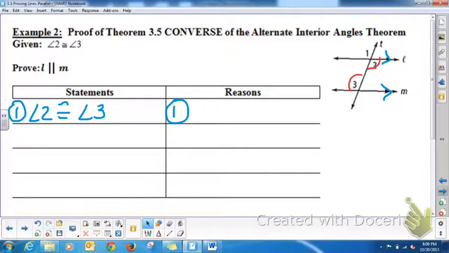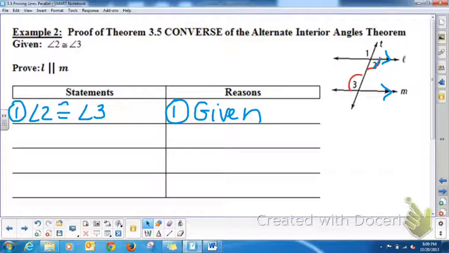Well, how can we prove that? So remember, writing our proofs, we were writing 2-column proofs with statements on our left and reasons on the right. Our first statement is that angle 2 is congruent to angle 3. How do we know that? That was given to us. Now, the next thing that we know looking at this picture is what? We're trying to prove the lines are parallel.